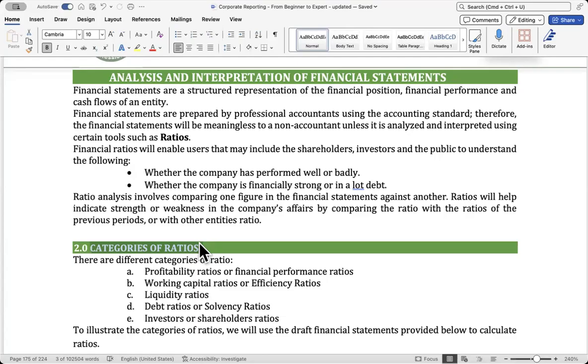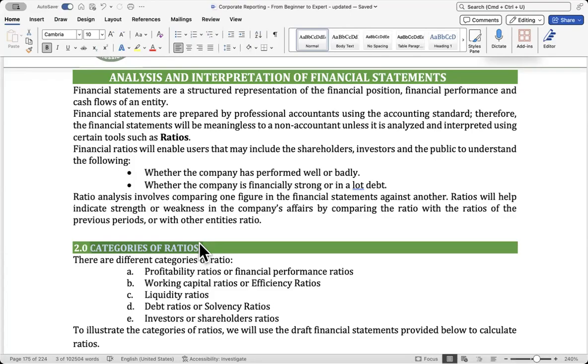But you agree with me that that might be misleading when you focus on absolute analysis to understand the true profitability and liquidity of a company. Because a company that is making a profit of 10,000 naira might not be as good as a company that is just making 6,000 naira.